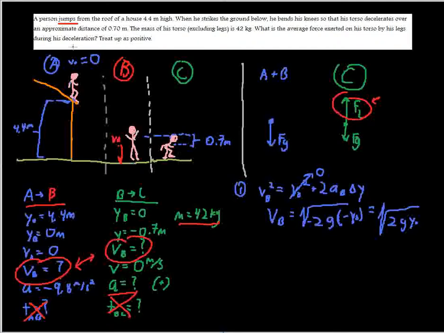So the next step then is to figure out what the acceleration is for this phase. To get the acceleration, I'm just going to use the same equation again, except it's going to be velocity final squared equals the velocity at B squared plus 2a delta y, where a is the thing that I'm looking for now.